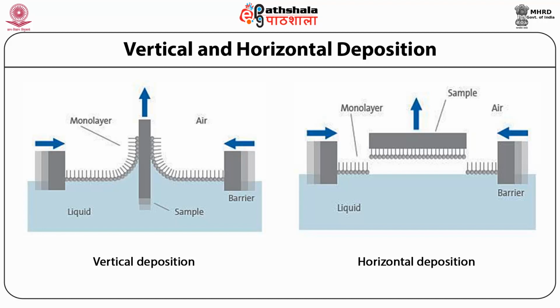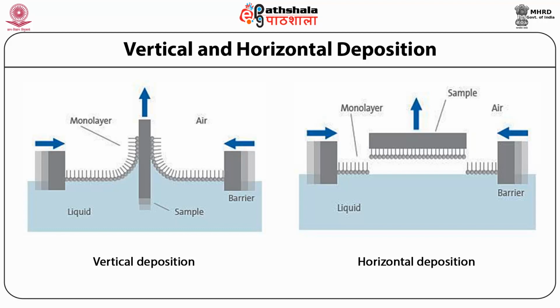Now you can see that the structure of this monolayer is different when you deposit on a hydrophobic surface and a hydrophilic surface. On a hydrophilic surface, it is the head group which is adsorbed onto the surface, and on a hydrophobic surface it is the tail of this amphiphilic molecule which is adsorbed onto the surface.